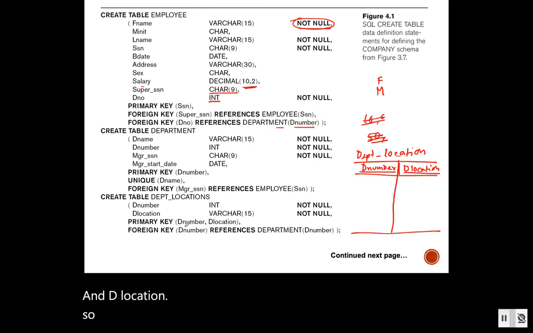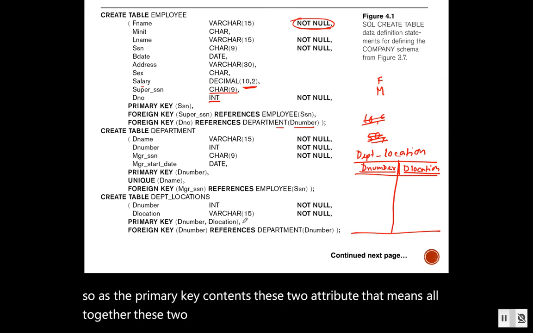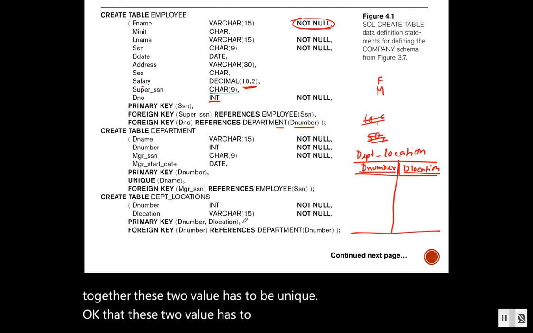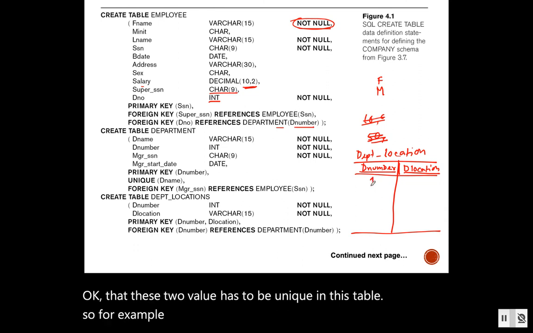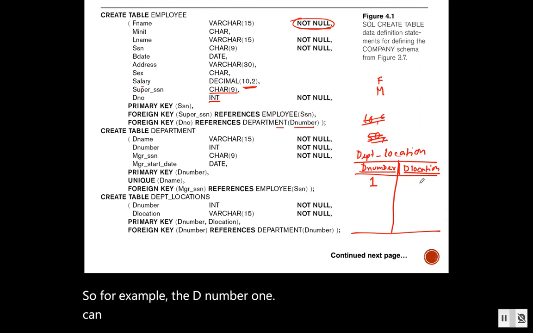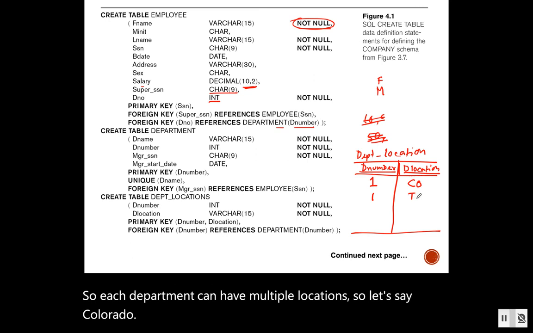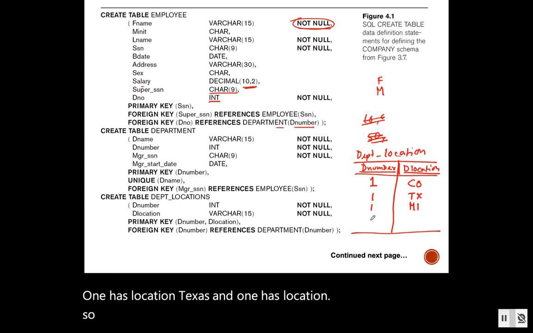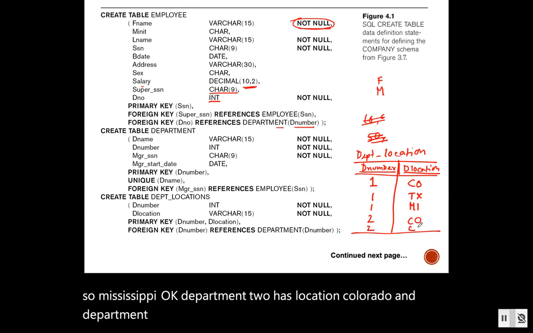As the primary key contains these two attributes, altogether these two values have to be unique in this table. So for example, Dnumber 1 can have multiple locations. Each department can have multiple locations. So let's see, department 1 has location Colorado, and one has location Texas, and one has location Mississippi. Okay, department 2 has location Colorado, and department 2 has location California.